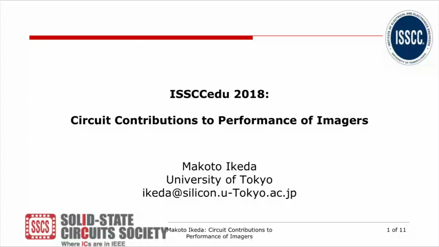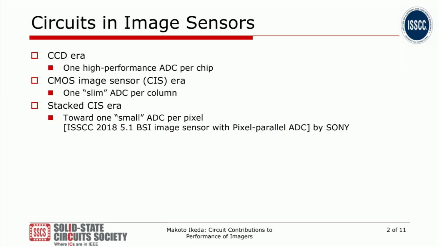Today, I'm going to talk to you about how circuits can improve the performance of image sensors. So, this shows the circuit contributing to image sensors. In the era of CCD, one very high performance but very large area A/D converter is equipped, and that's it.